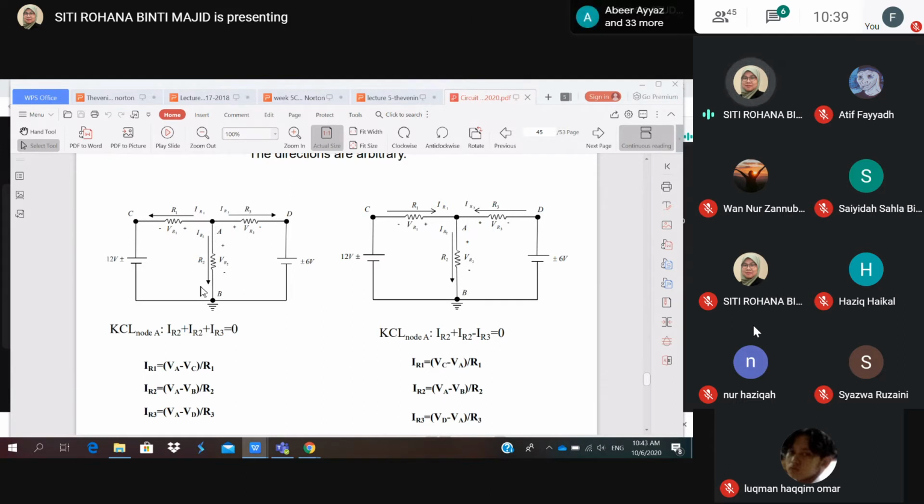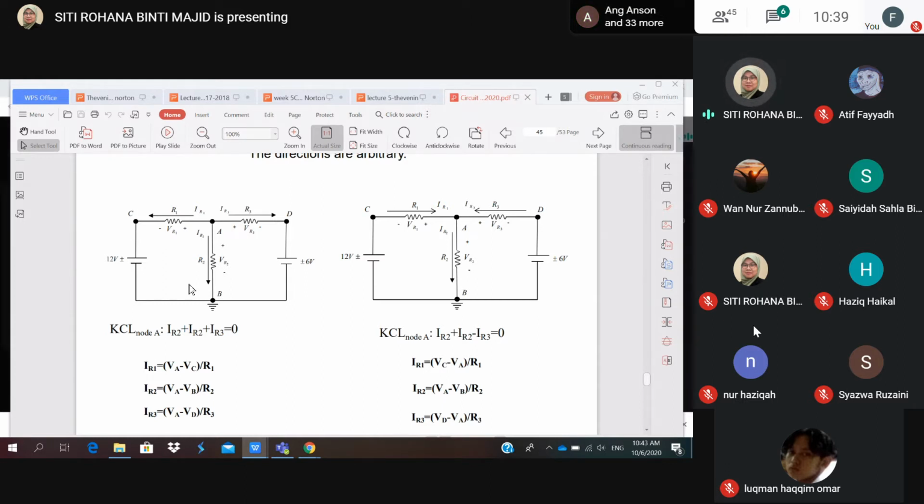So when we set the current out of the node, that means negative I1, negative I2, minus I3 equals 0.